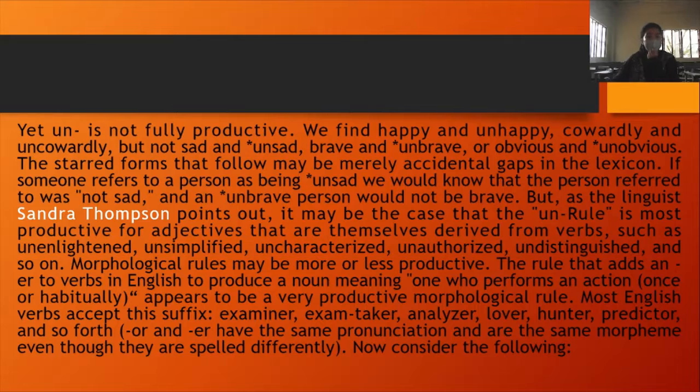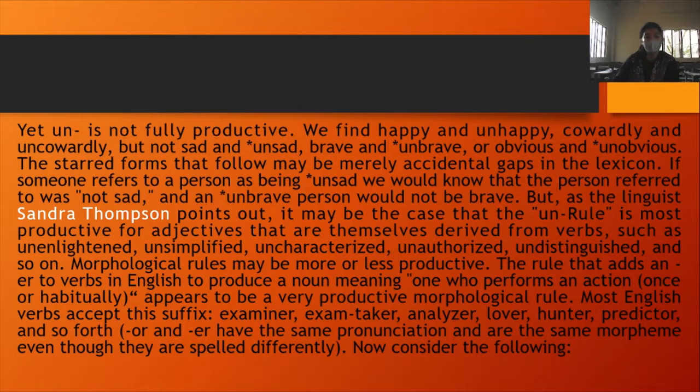Yet un is not fully productive. We find happy and unhappy, cowardly and uncowardly, but not sad and unsad, brave and unbrave, or obvious and unobvious. The starred forms that follow may be merely accidental gaps in the lexicon. If someone refers to a person as being unsad, we would know that the person referred to was not sad.